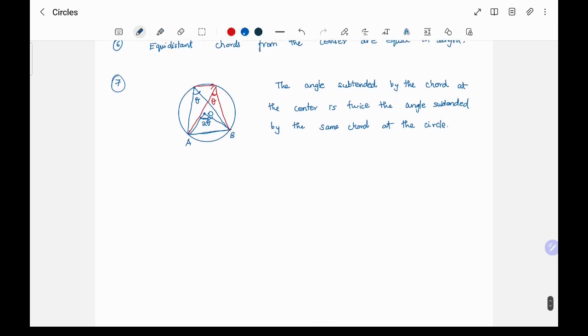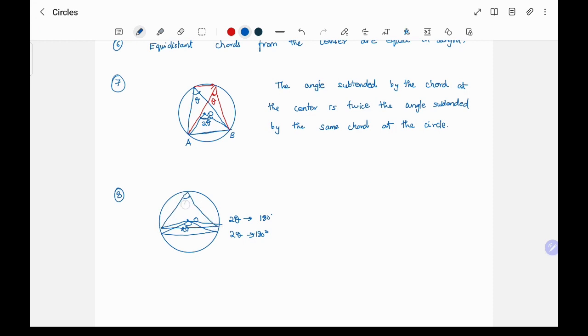Okay. So next also follows from this. Here we saw it is theta and 2 theta. What happens if you bring these closer and closer? You can see this angle 2 theta approaches 180 degrees, right? And once it approaches 180 degrees, what happens to this?